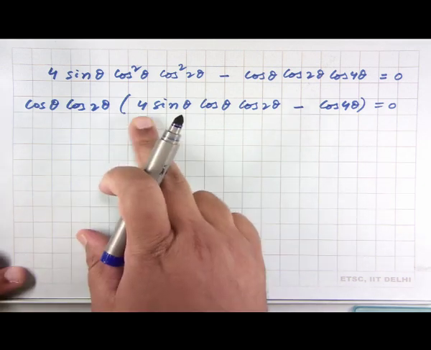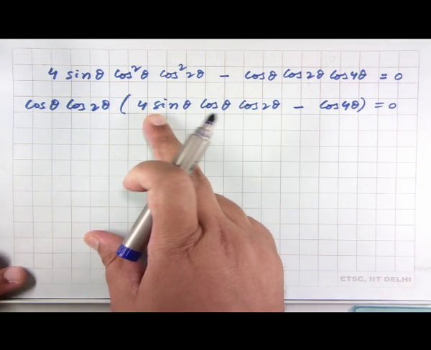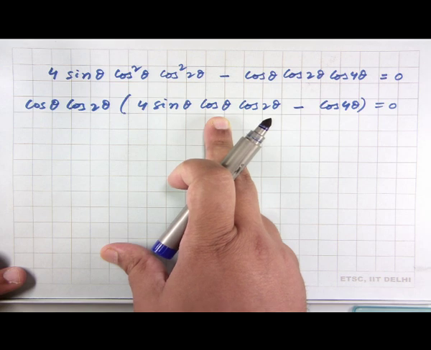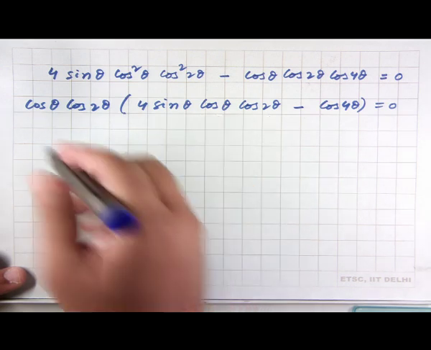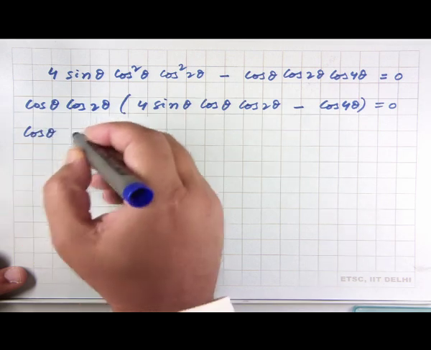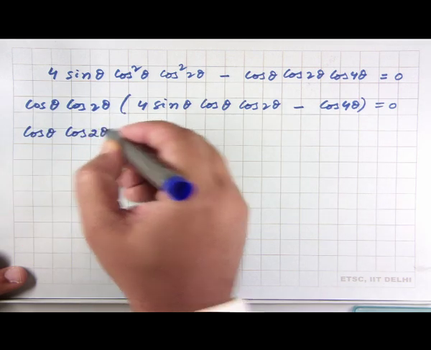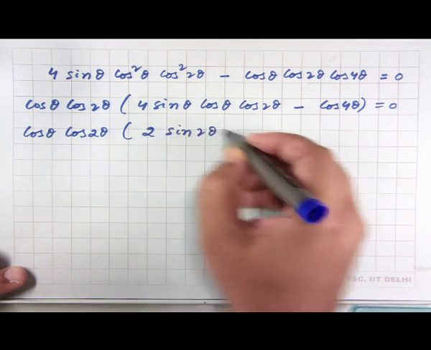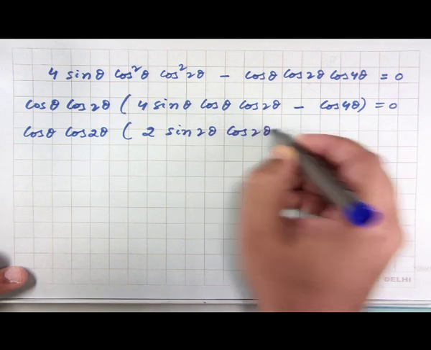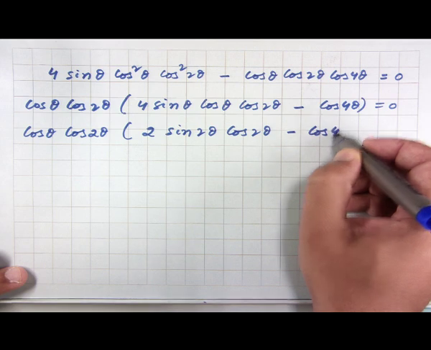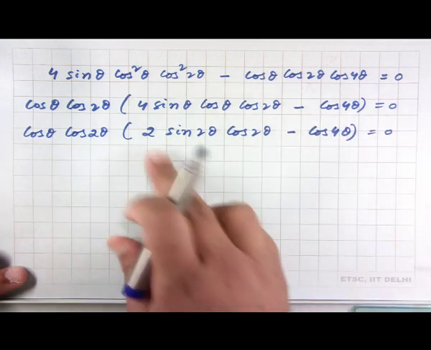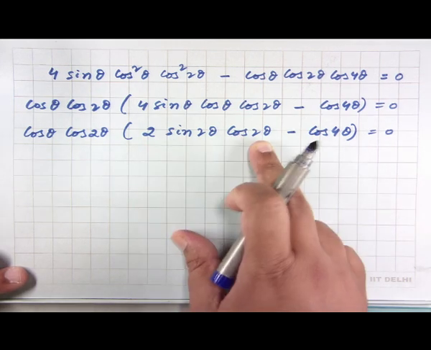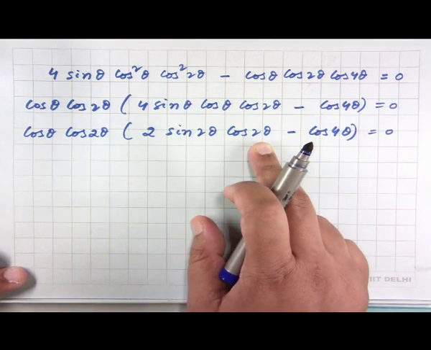And here we see a pattern that 2 sin theta cos theta is in fact equal to sin 2 theta. So using that fact, we have 2 sin 2 theta into cos 2 theta minus cos 4 theta. And again we see the same pattern with 2 theta. So this thing is now sin 4 theta.